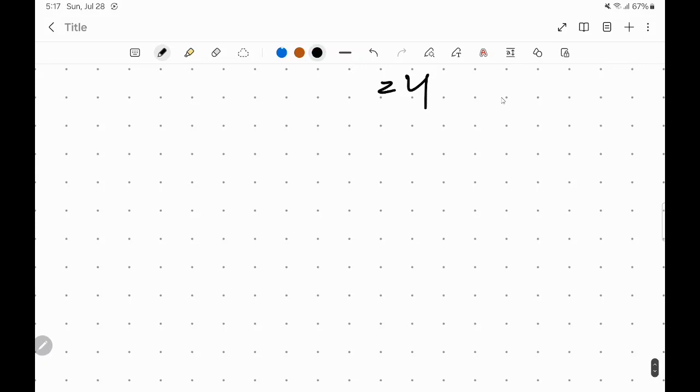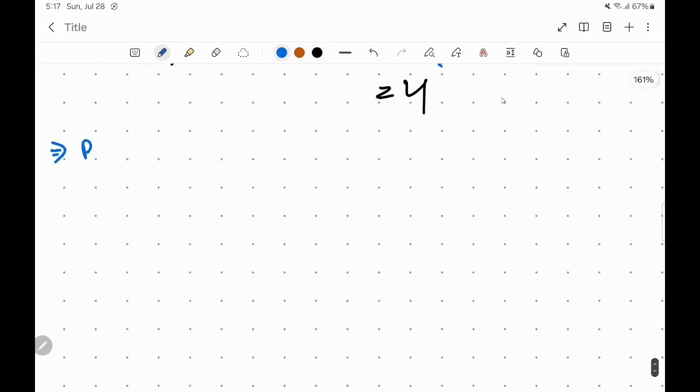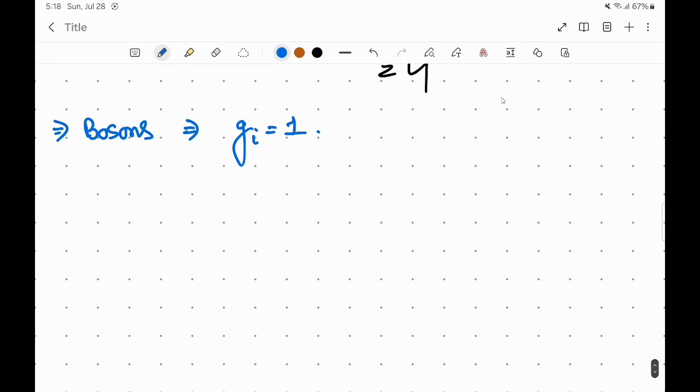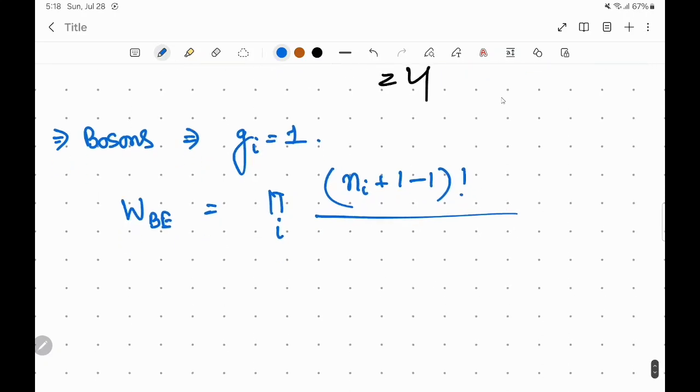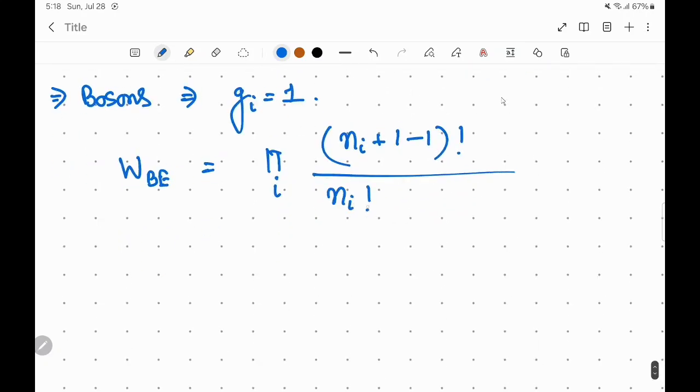Let's say for bosons first, Gi equals 1 for all levels, because we are considering I here, that means we are considering the levels, not the states. So what will be the WBE? It will be (Ni plus 1 minus 1) factorial divided by Ni factorial.